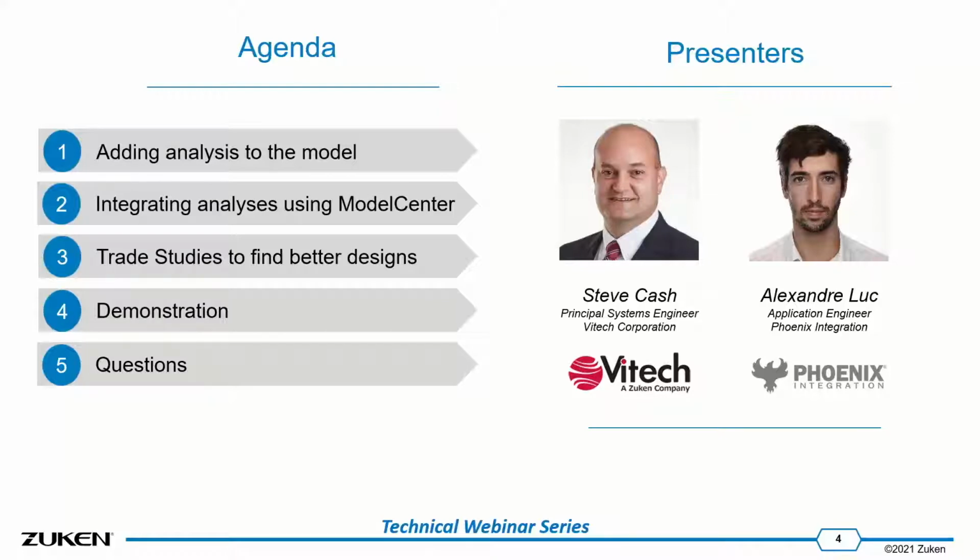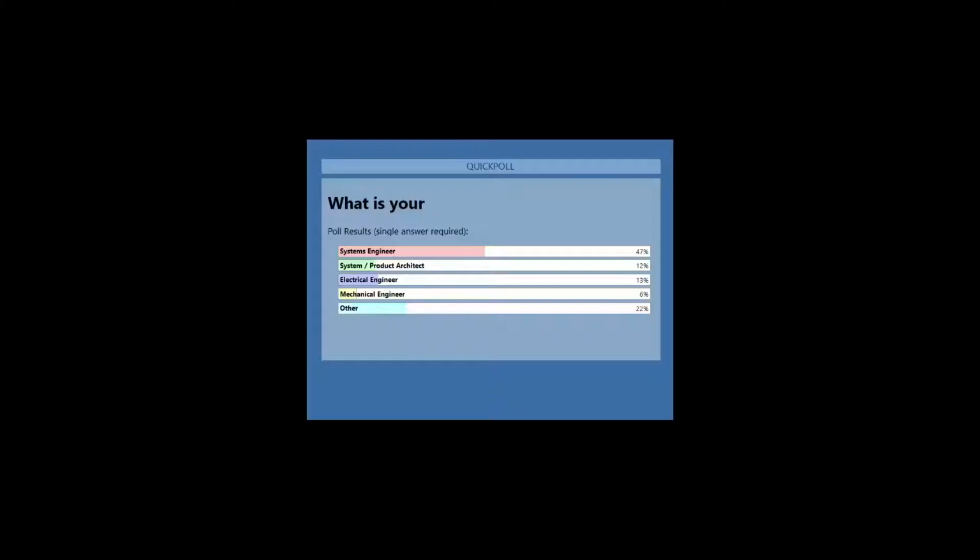Thanks, Bob. And again, let me reemphasize Bob's points. Thank you for participation in the polls. It helps us understand who our audience is and provides feedback on how well we've done today. And we want to be sure we answer your questions. So the agenda today is going to start, and I'm going to start with the first section here on adding analysis to the systems engineering model, the product model.